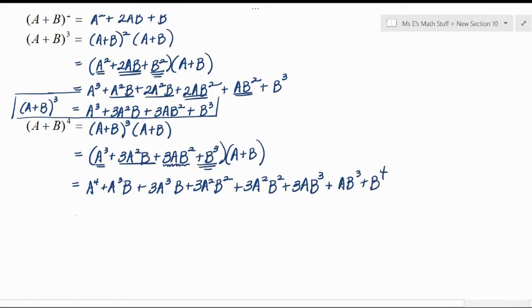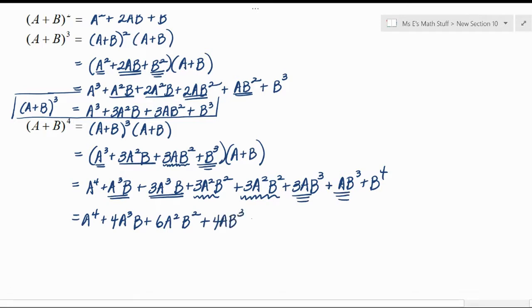All right, combining like terms, what would we get? A to the fourth plus 4a cubed b plus 6a squared b squared plus 4ab cubed plus b to the fourth.